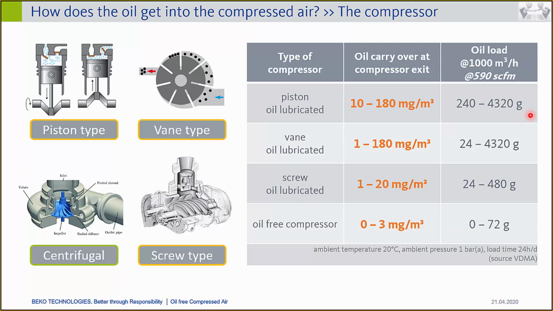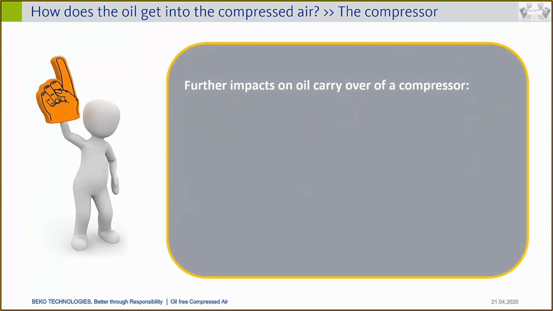So what else is responsible for the oil carryover from the compressor into the system? There are a couple of further impacts. One is, for example, the interval and the quality of maintenance. That is, of course, important, that the quality of maintenance is on a high level, and the intervals follow the recommendation from the manufacturer of the compressor.